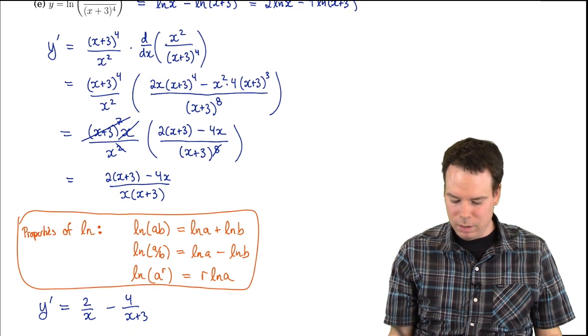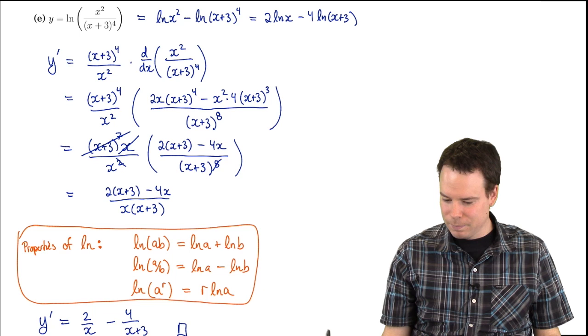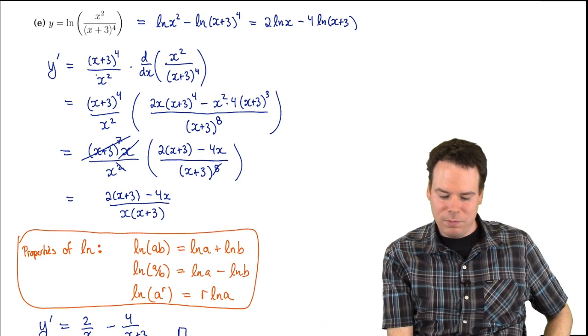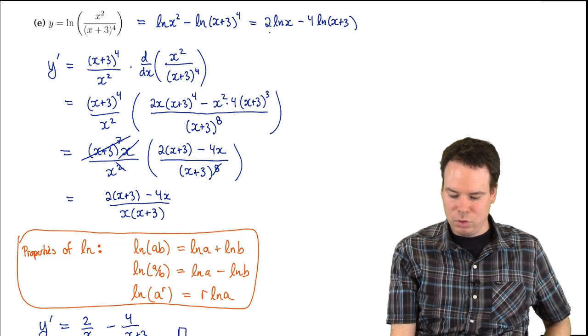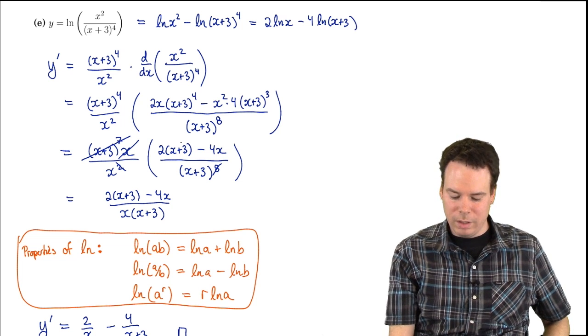And there we go, we're done. A little box just means we're done. Notice how simple that was. We didn't have to use a chain rule. We didn't have to use a quotient rule. We didn't have to use multiple applications of chain rule. All we did was just straight from this expression, we got the derivative right away. Avoided all that previous work.